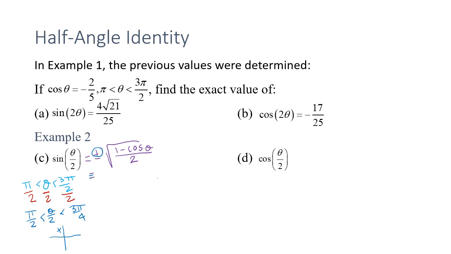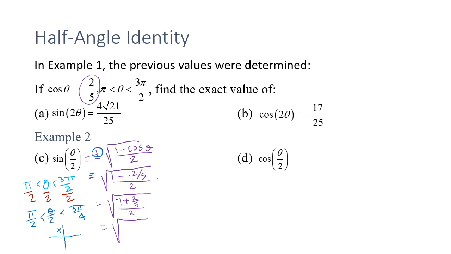So that's going to equal positive square root of 1 minus the cosine of theta, which we found right here, all over 2. So that gives us the square root of 1 plus 2 over 5 all over 2. And then we can write the numerator as one fraction.